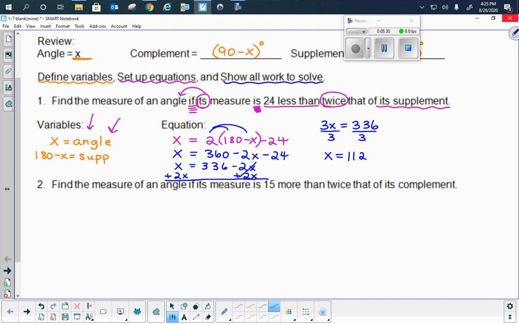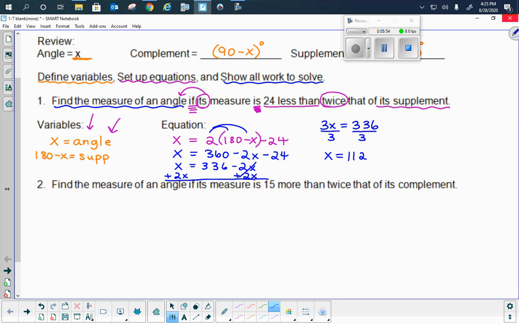I'm not going to box it, because boxing it means I'm done and that's the answer you're telling me. On word problems, always hesitate, because you can do all this beautiful work and then still get it wrong because you didn't read the question. Okay, so here's what I want to do. I want to go back and read. What am I trying to find? And if I look here very carefully, it says find the measure of an angle.